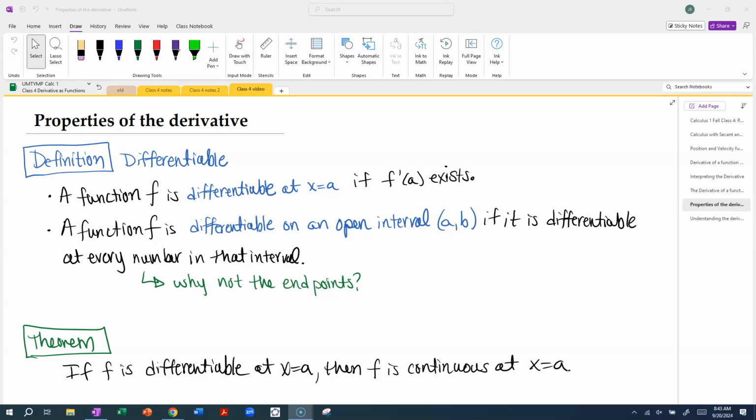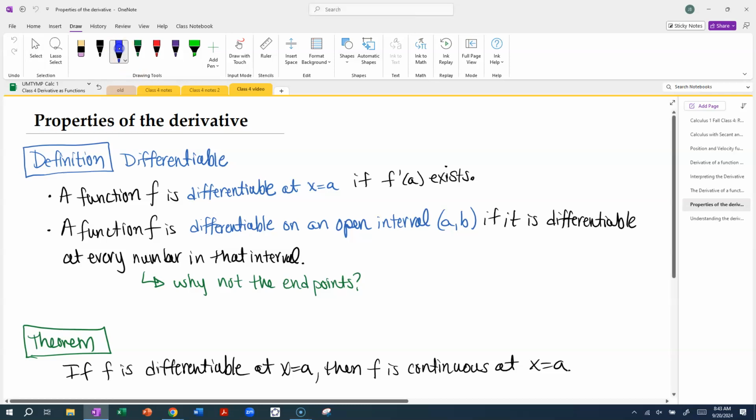Why? Because think of how the derivative is defined, right? So f prime at a is defined as the limit as h approaches 0 of f of x plus h minus f of x all over h, right? And because we have a two-sided limit, that's why endpoints are a little tricky.